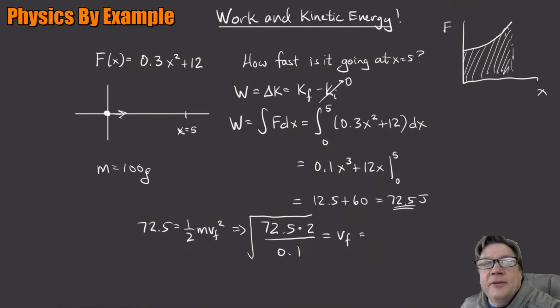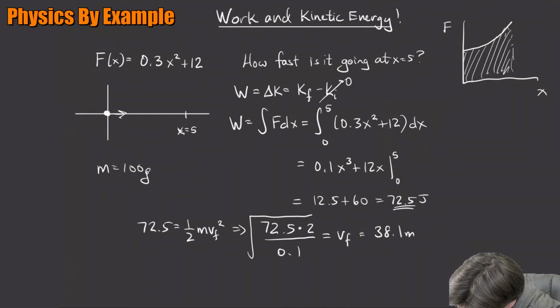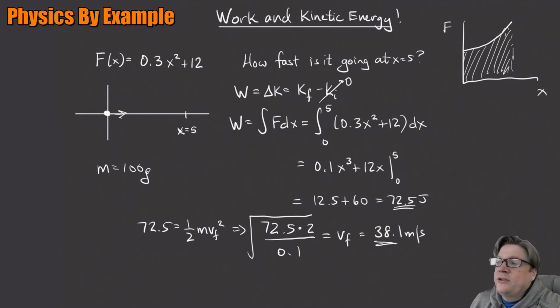That's going to be v final. If you do that, 145 divided by 0.1 multiplied by 10, so that's the square root of 1450. What is that? I have no idea. It's a little under 40 though, because 40 squared is 1600, so it's a little under that. If I did it exactly, I get 38.1, so sure enough, it's a little bit under 40.